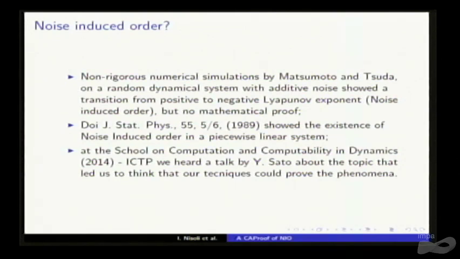So, from that time, around 1981, I forgot to put it here, there have been many tries to prove this noise-induced order, this transition from positive Lyapunov exponent when the noise is small to negative Lyapunov exponent when the noise is big. There is a paper by Doi which shows the existence of this noise-induced order in a piecewise linear map.